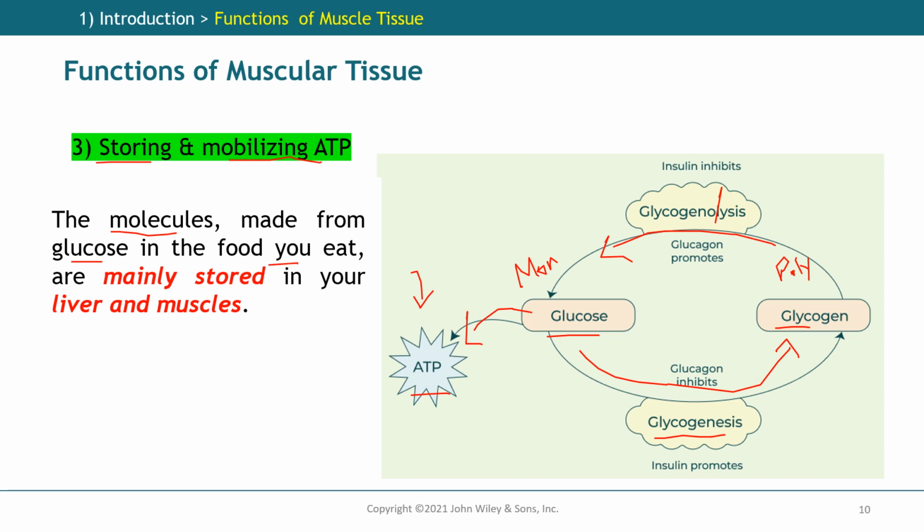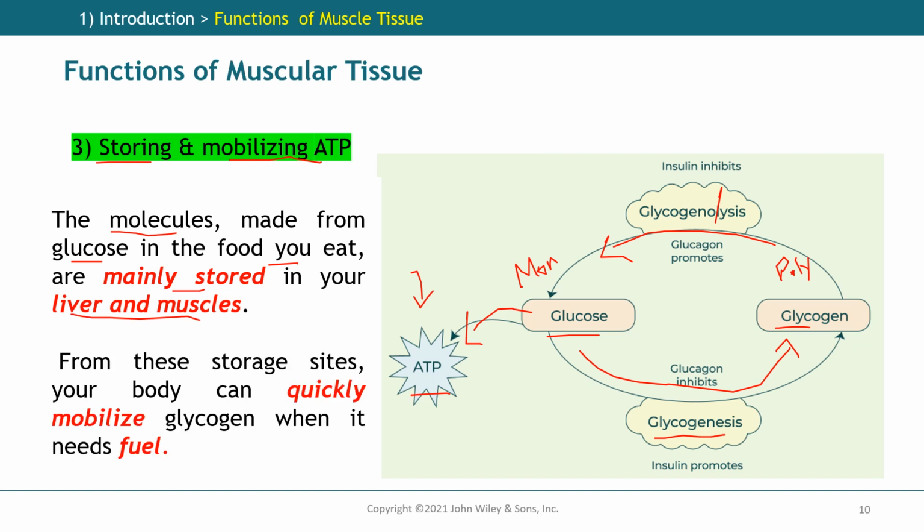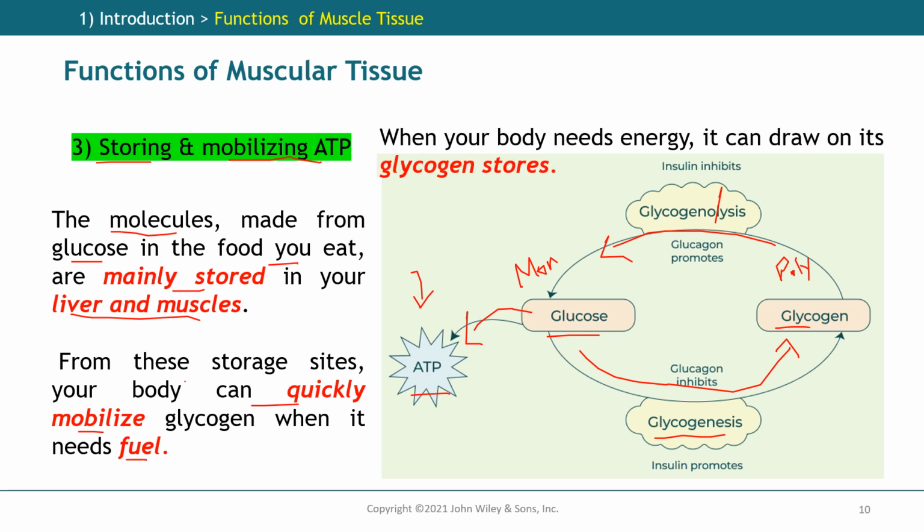But you need to store that properly, and you store it in the liver and the muscles. I also told you that it's not only important to store it, it's also important to make it available as fast as possible when you need the fuel. You can do that through the breakdown of glycogen, where you take all these glycogen stores in the muscles and liver and use them.